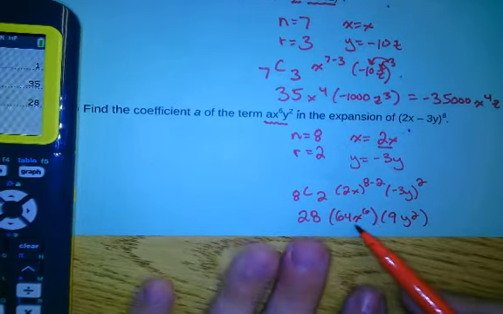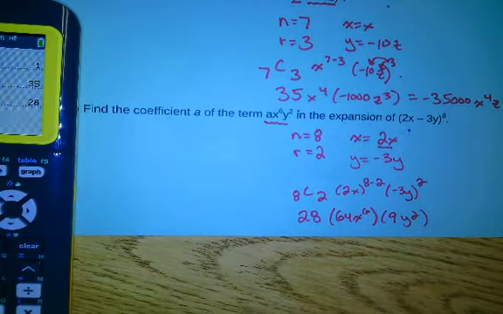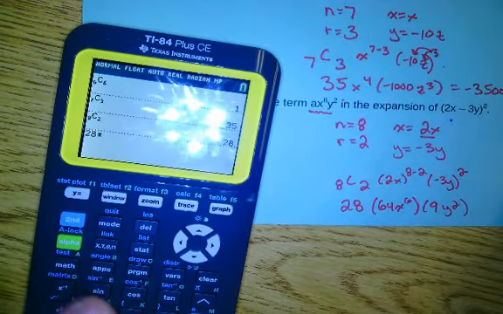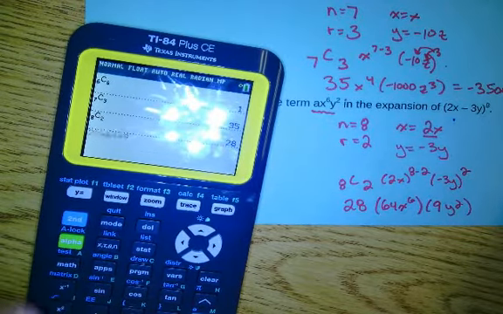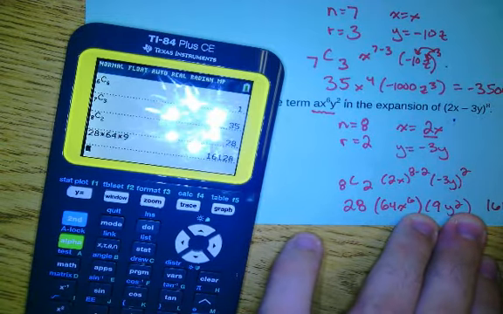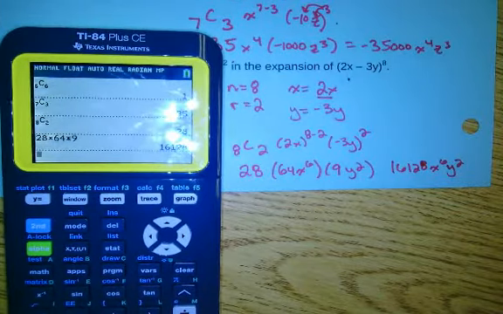Luckily I have a calculator, so 28 times 64 times 9, and kablamo. We get 16,128 x to the 6th, y squared. So what's my a value? 16,128.